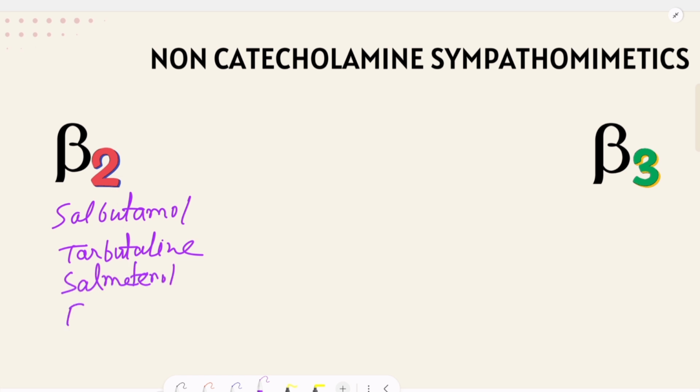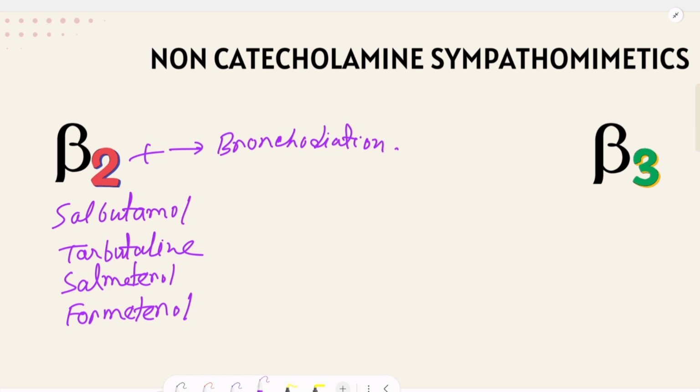and formoterol. They stimulate the beta-2 receptor, and stimulation of beta-2 receptor results in bronchodilation. So, these drugs are given by inhalational route and are used in bronchial asthma.